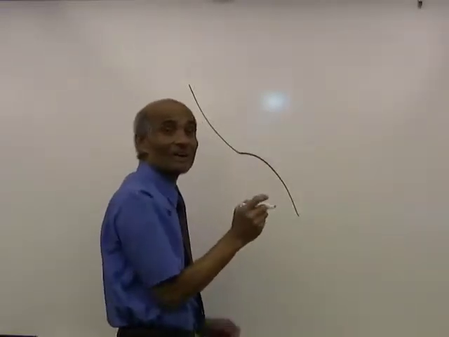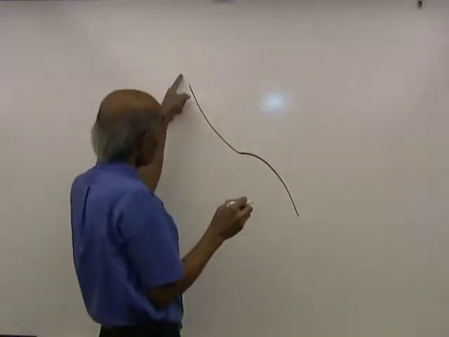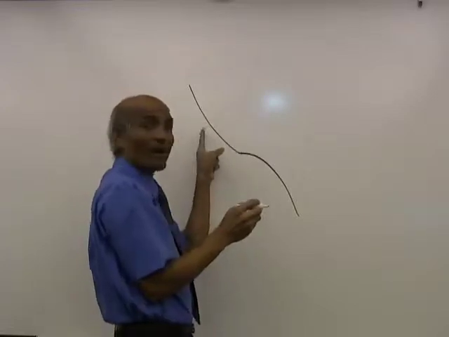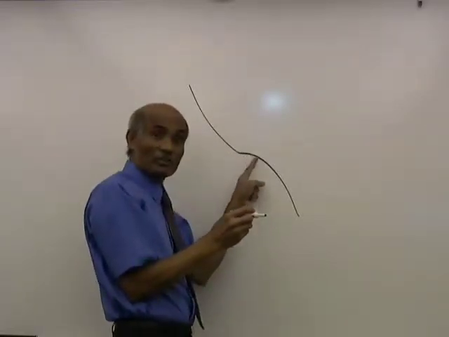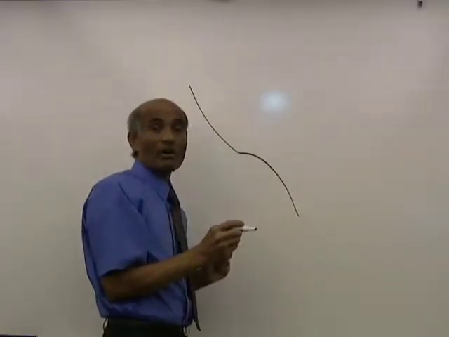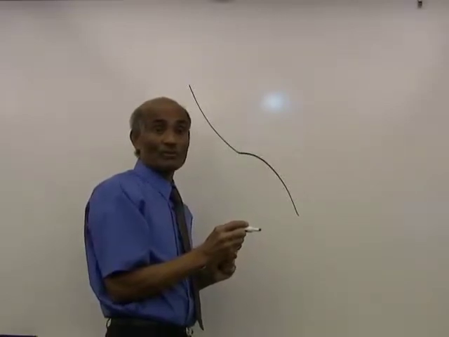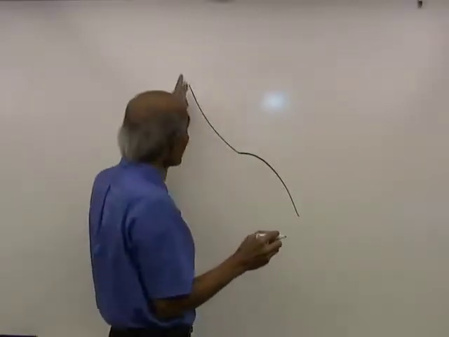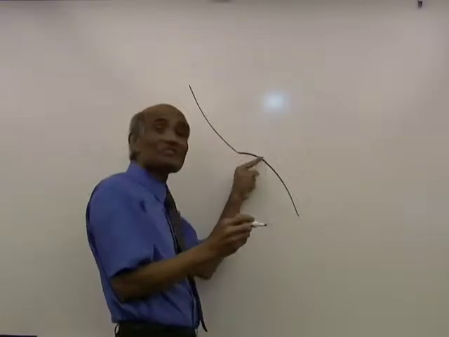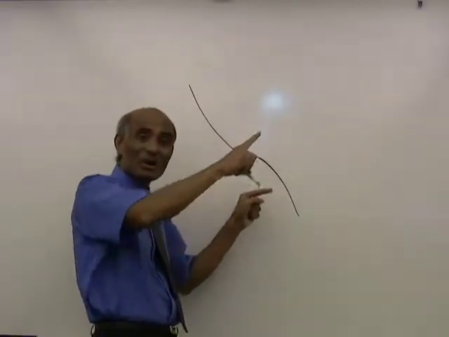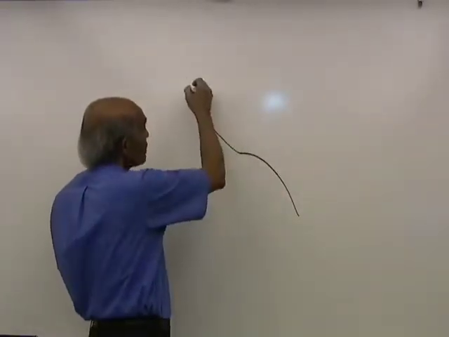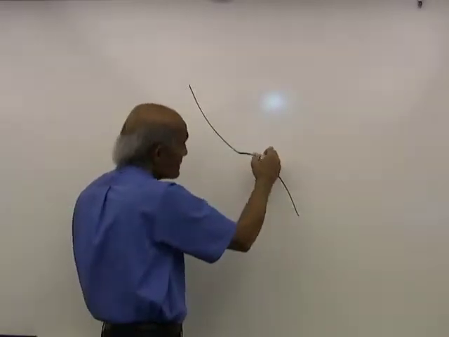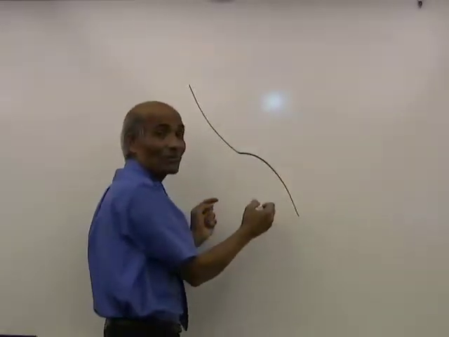That's how it comes. So you have decreasing on the left of x equals 0, decreasing on the right of 0. But you can see here the concavity is changing. If it is concave up on the left, it's concave down on the right.